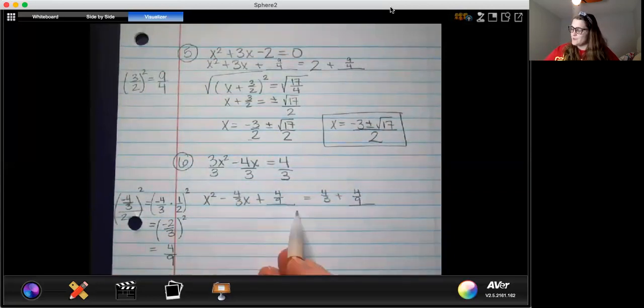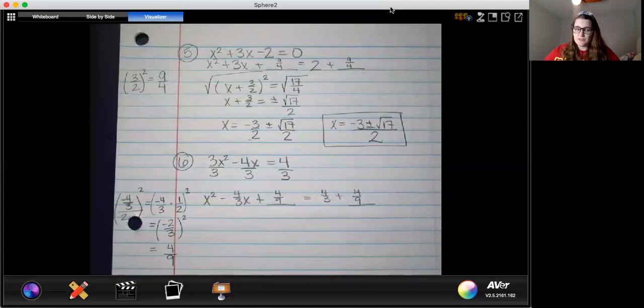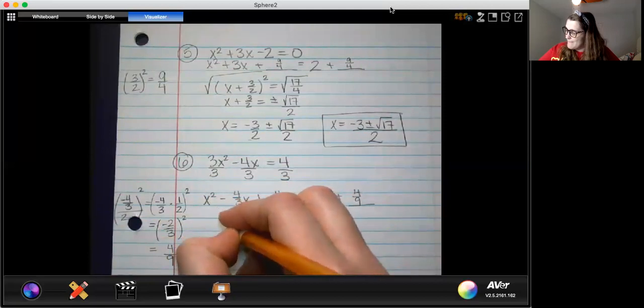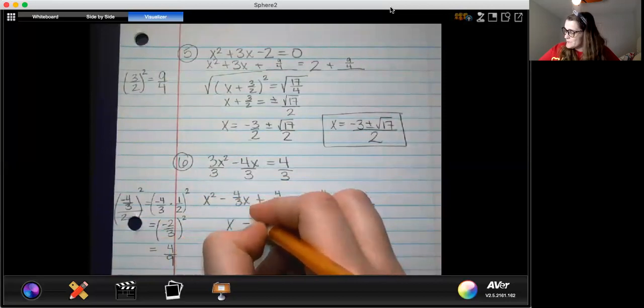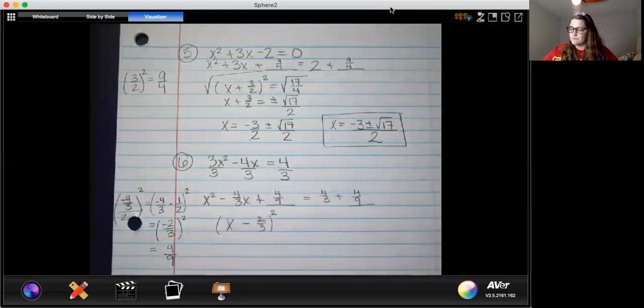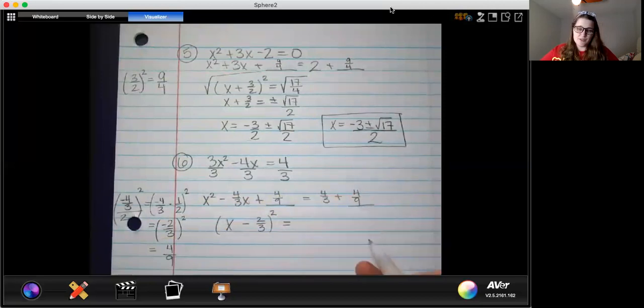And then we're going to factor, which again looks intimidating, but remember, it always factors down to x plus b divided by 2, and that was -2/3. So (x - 2/3) quantity squared equals, well, we have to combine like terms, so this needs to be 8/9.